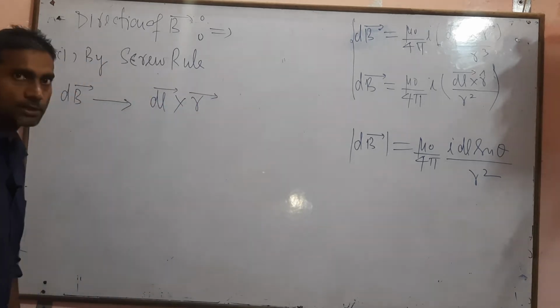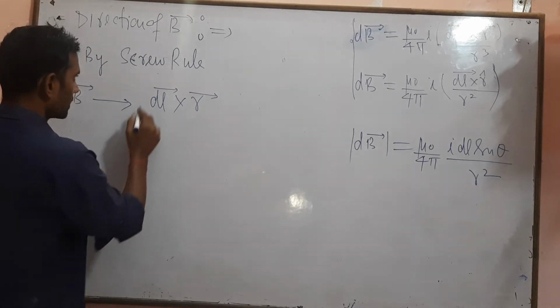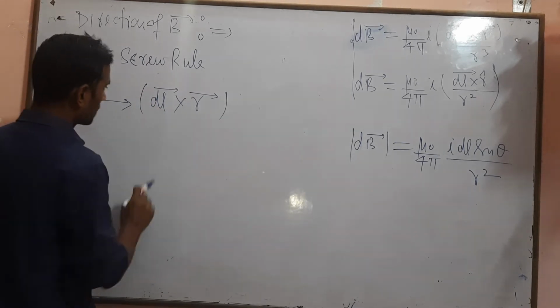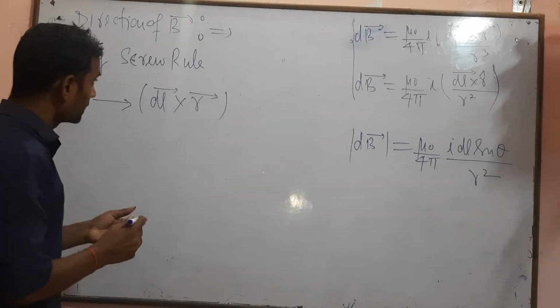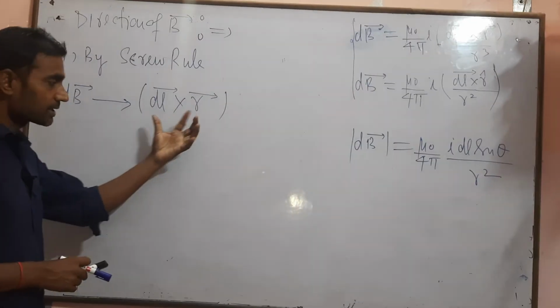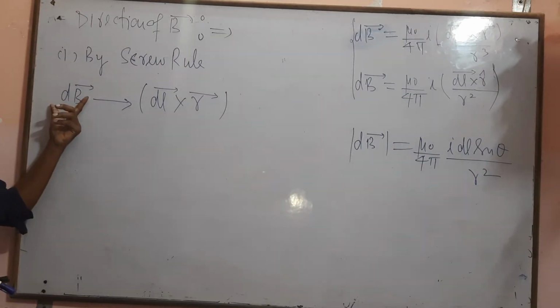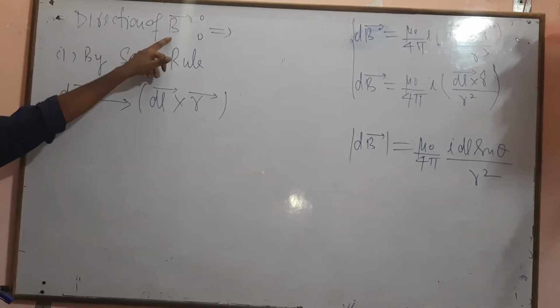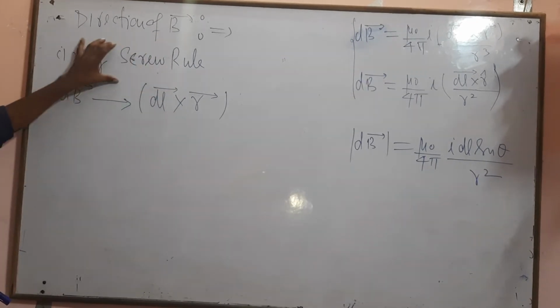So the direction of dl cross r is the same as the direction of dB, which is the same as the direction of B. This is by screw rule.